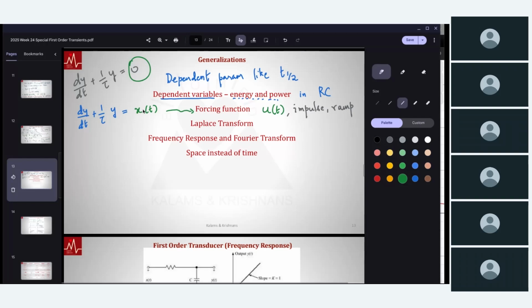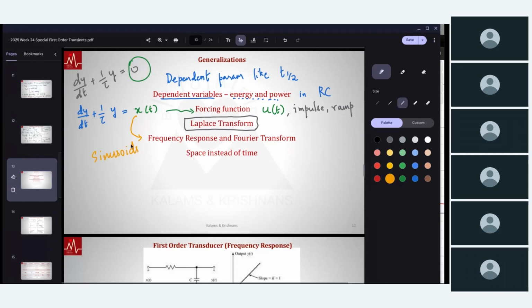The actual tool to deal with it is known as the Laplace transform. The moment you know the Laplace transform, you can deal with the step function, impulse function, ramp, and all of that. Another very, very typical class of RHS function is sinusoids. What happens if I excite it oscillatorily?